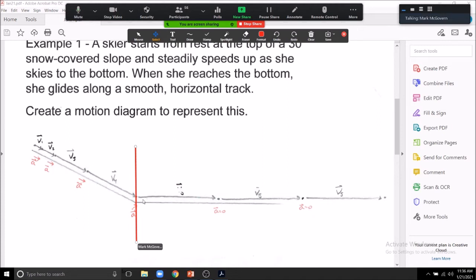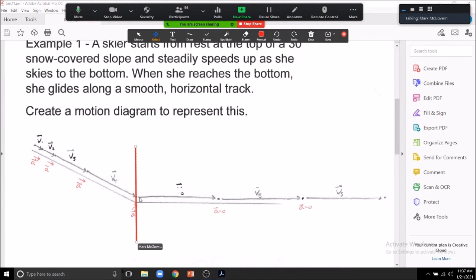So you want to show vectors that are equal in length to illustrate constant speed. The points have got to be equally spaced. I used V5 to represent the vector, and I drew all of them as V5s to indicate they're all the same vectors. And the last detail here is this vector is longer than all the previous vectors.